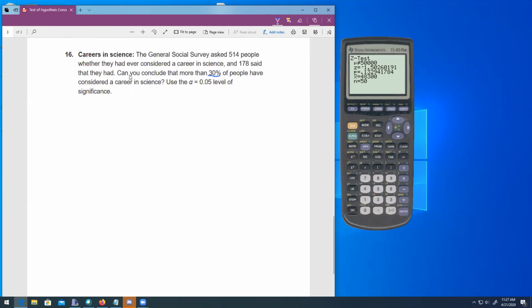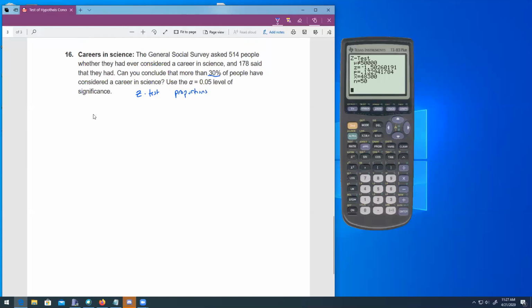The fact that they're saying, can you conclude more than 30% of people have considered a career, and all they gave me was 178 out of 514 people said yes, I'm going to say this is a test of proportions. So we're going to say this is a z-test with proportions.